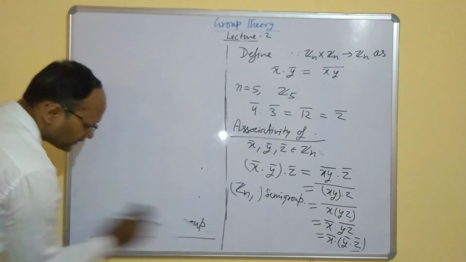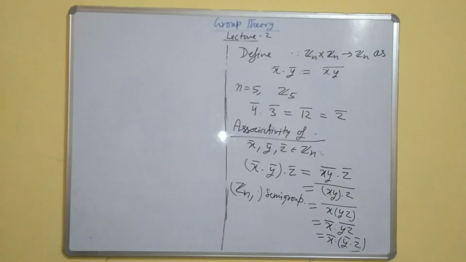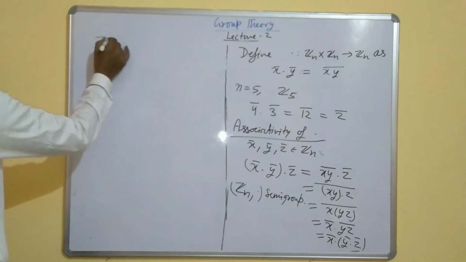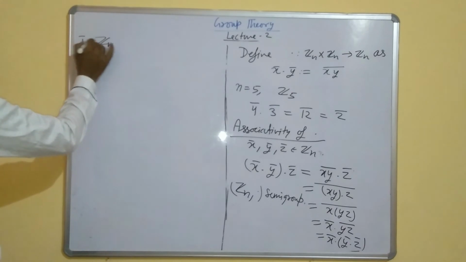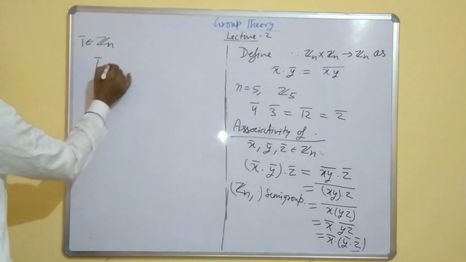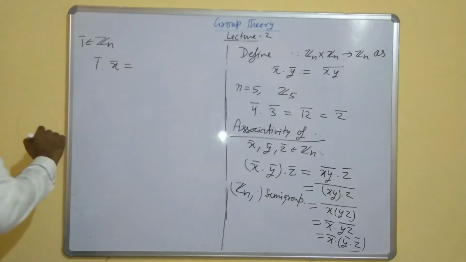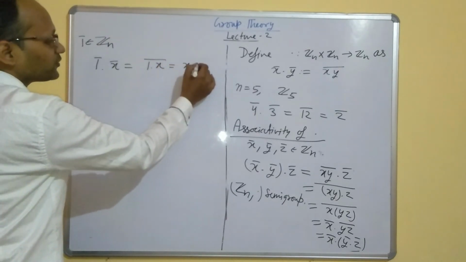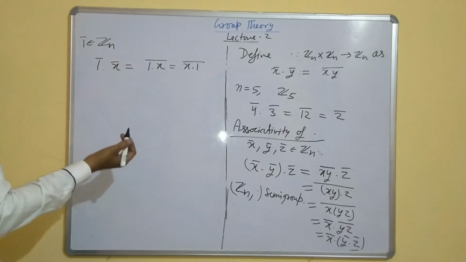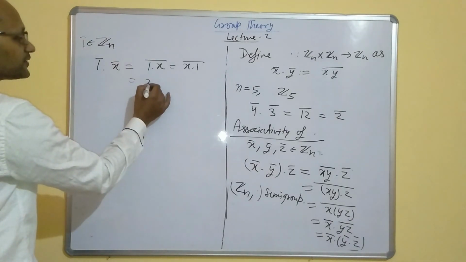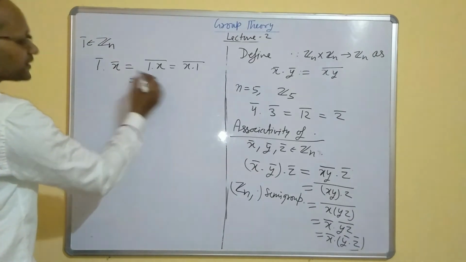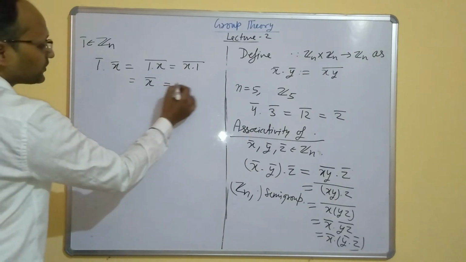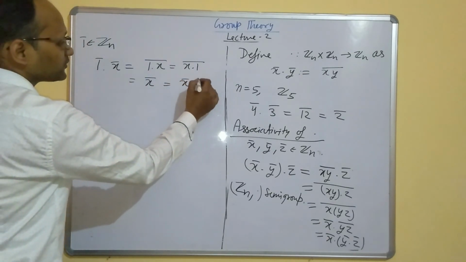Now, as you know, in Zn there is an element 1 bar. So when we multiply 1 bar with any x bar in Zn, what will happen? This is 1 into x whole bar, that is x into 1 whole bar, you can write it like this. So that is actually x bar, which you can also write as x bar into 1.